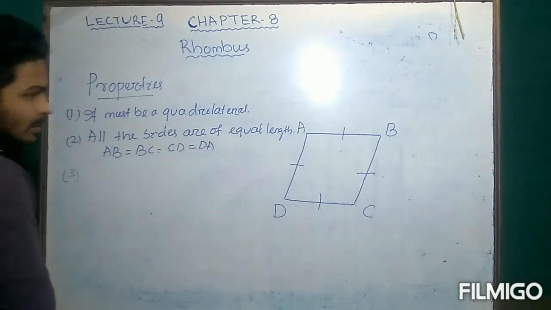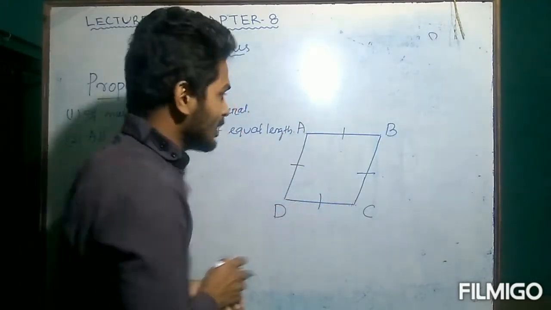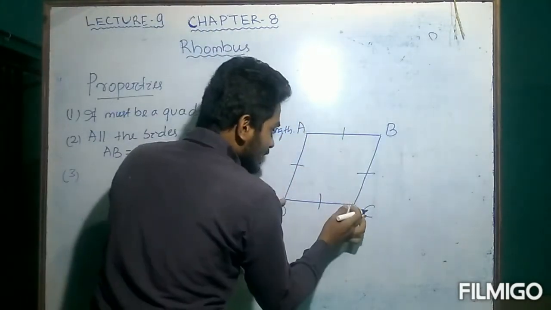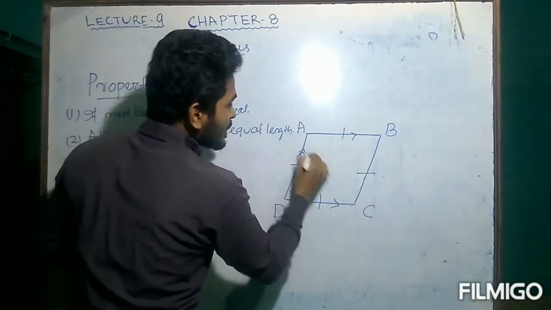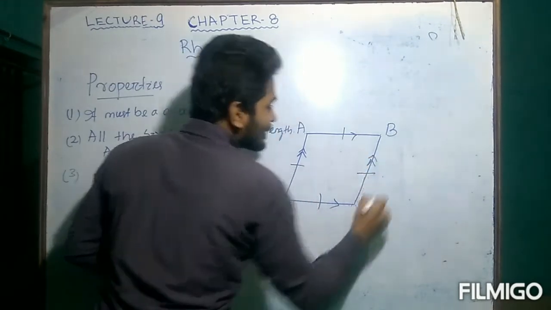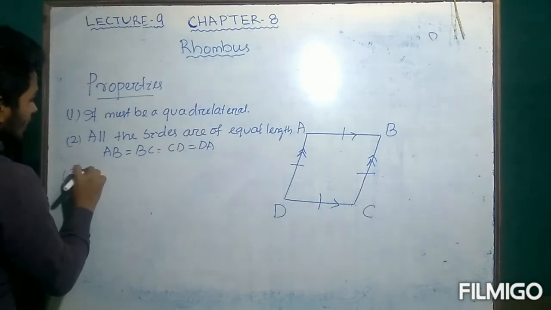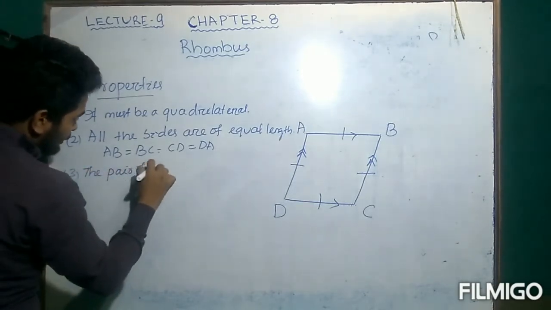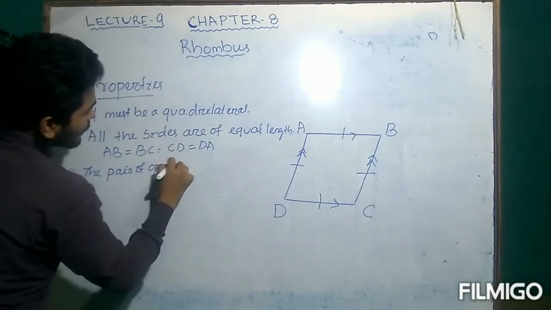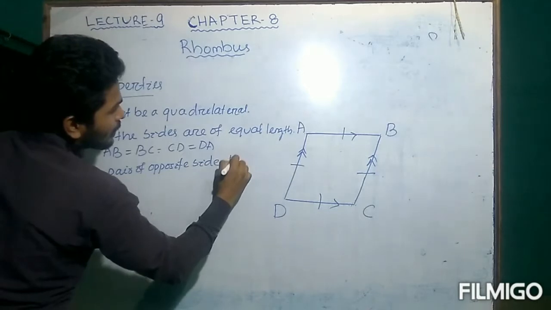The third property is that the opposite sides must be parallel. It means AB is parallel to DC and AD is parallel to BC. Clear? So you can write: the pair of opposite sides must be parallel.